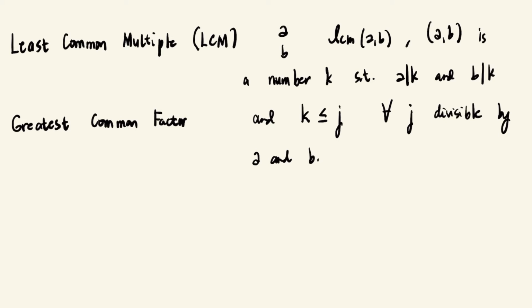Ibig sabihin lang nito is that this is a number K, so yung K mo is divisible by A and B. At pag may makikita kang another number na madidivide din ng A and B, let's say J, your K should be the least of all those J's.